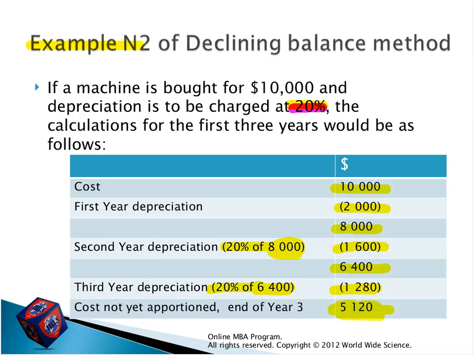But this would be the rate by the reducing balance or declining method. And in accounting, accountants use a special list of depreciation rates for each kind of asset.